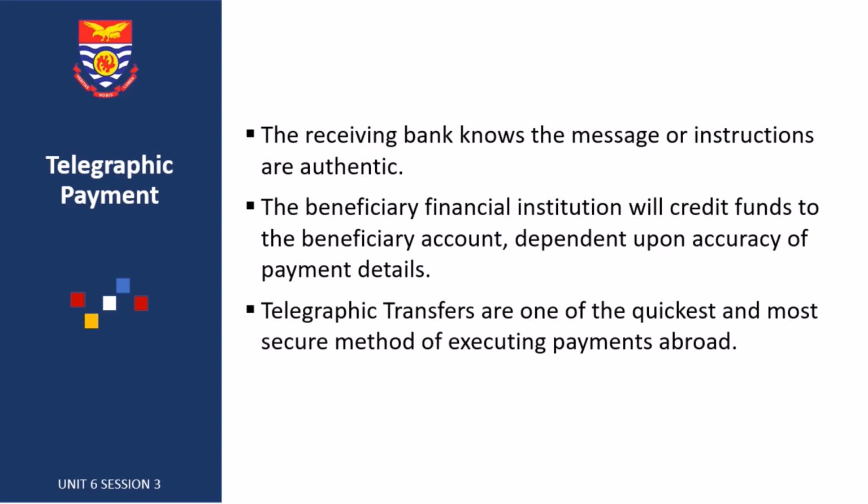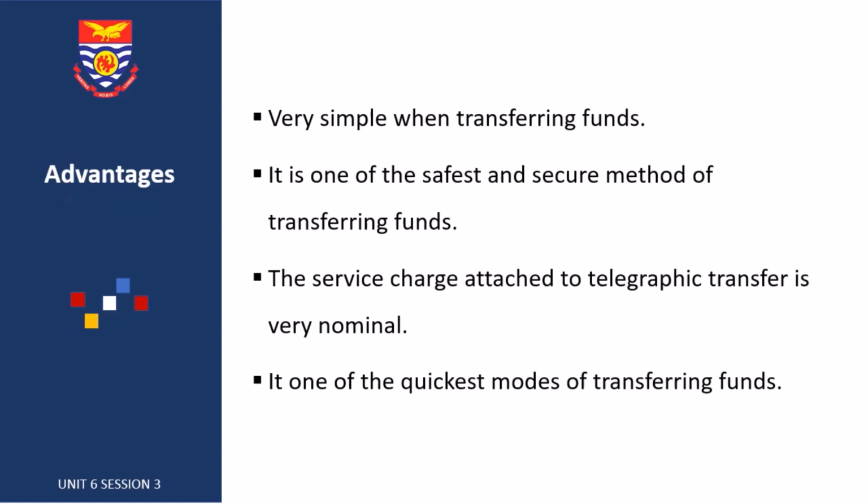So your financial institution may not have a branch in that location, and hence a different financial institution can make payments on your financial institution's behalf. That's what we term as telegraphic payments.